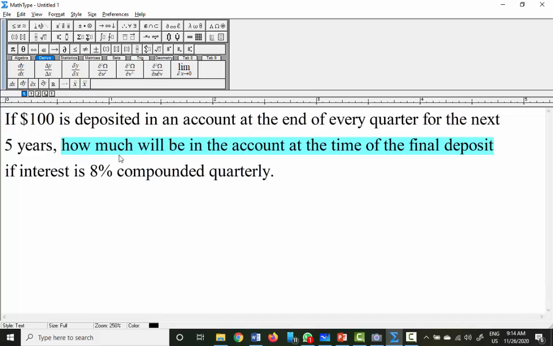So you want to know how much will be in the account after 5 years, at the time of the final deposit. If I show you the time diagram again, this is period 0.